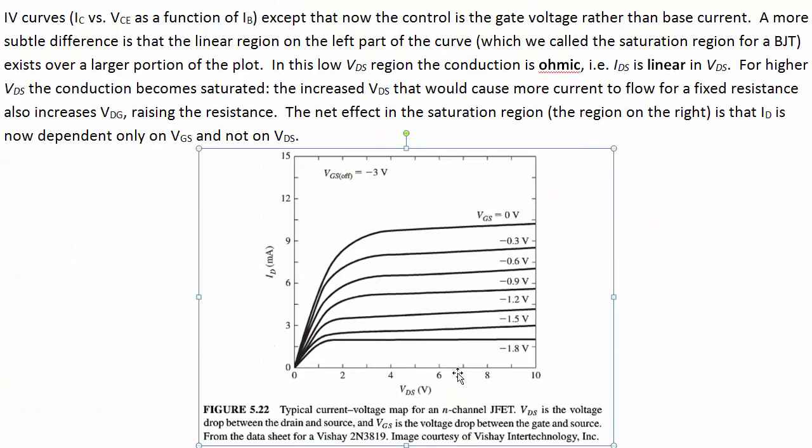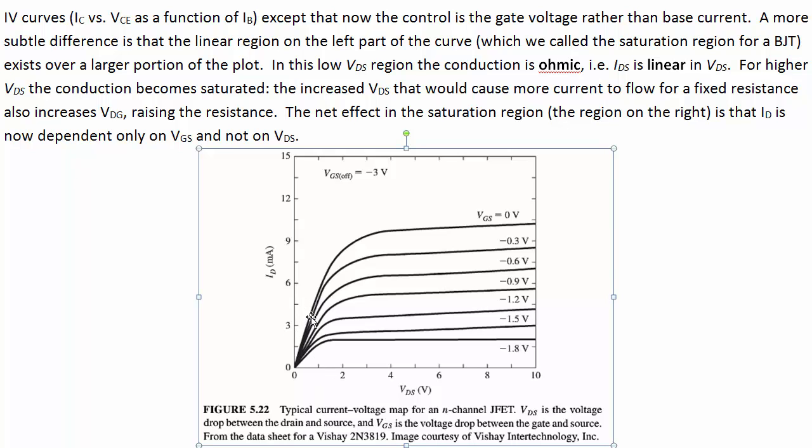This over here was what we called the active mode for a BJT, and on the left we called that the saturation mode. Because of how FETs are used, for a FET this over here is called the saturation region, and this is called the linear region.